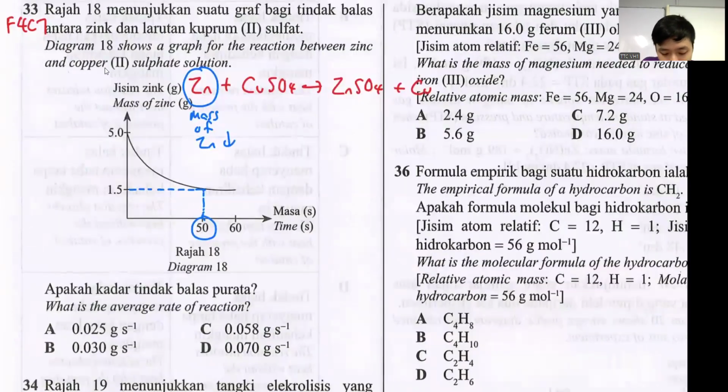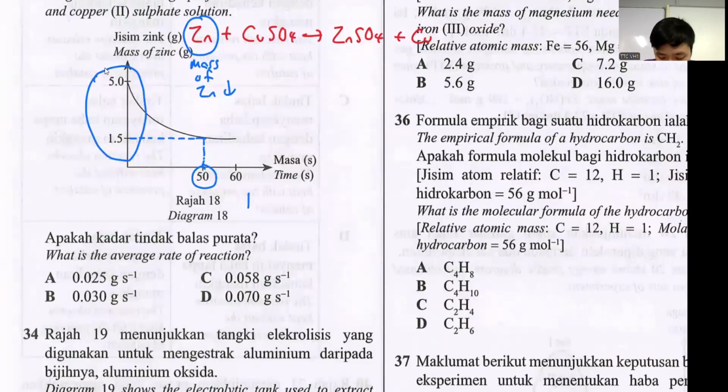So what is the change of mass? How much mass of zinc reacted? You have to use 5 gram minus 1.5 gram, right? So what is the rate of reaction? It is 5.0 minus 1.5.